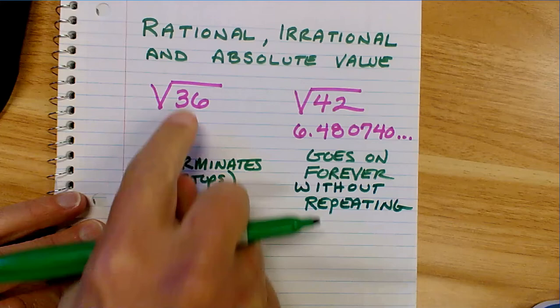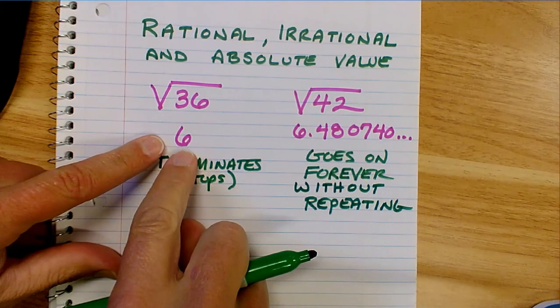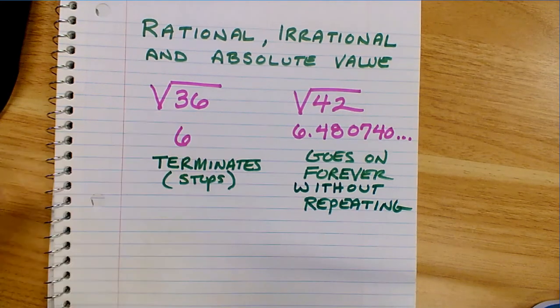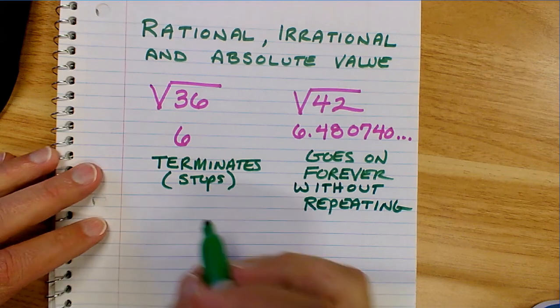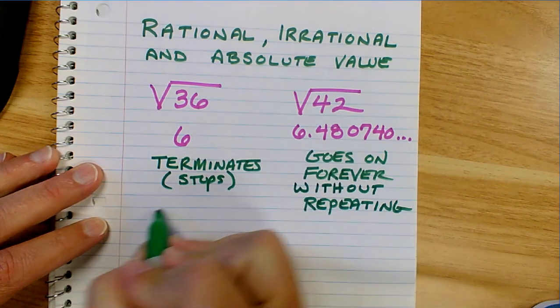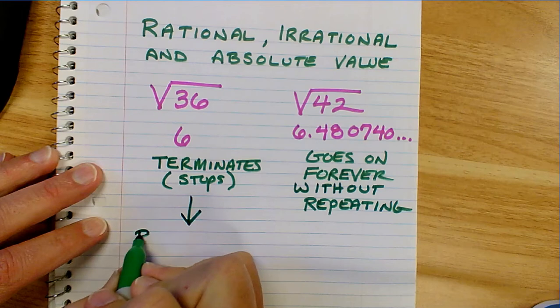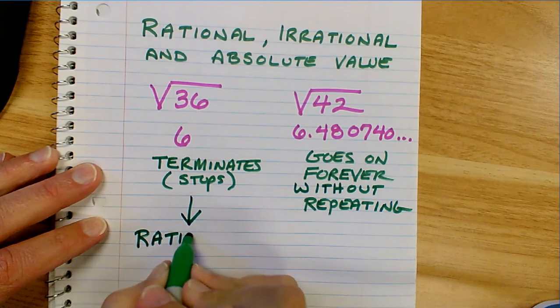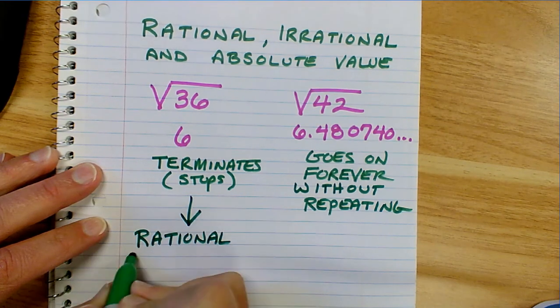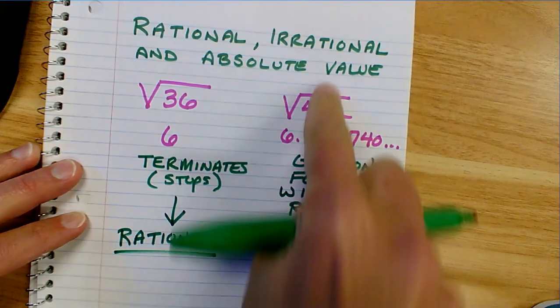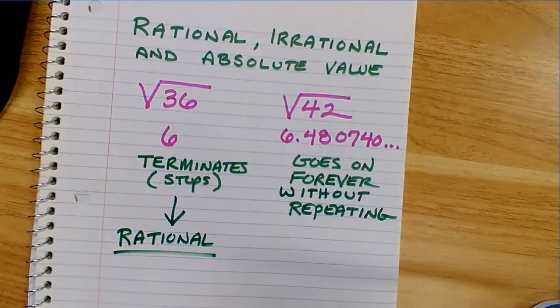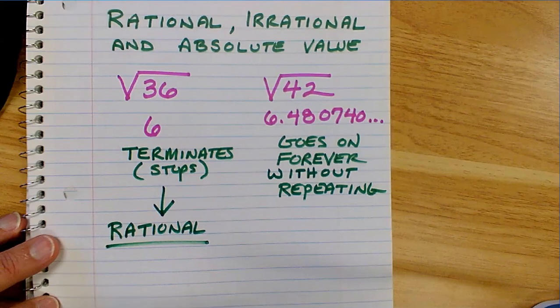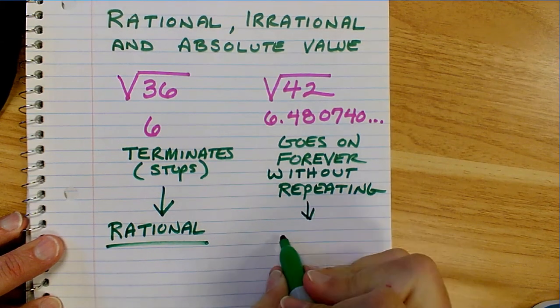So the square roots that actually turn into something, the square roots that terminate, or the square roots that we know, these are called rational numbers. That's the big point here. And these guys over here, the square roots that go on forever without repeating, they are called irrational numbers.